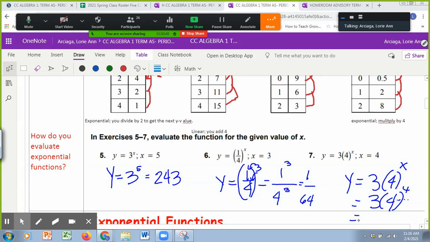So what is this equal to? Okay, so this is 256, right? But you again have to multiply by 3. So what's the final answer? 768. There you go.